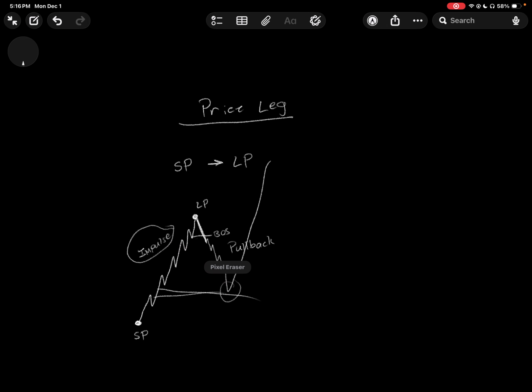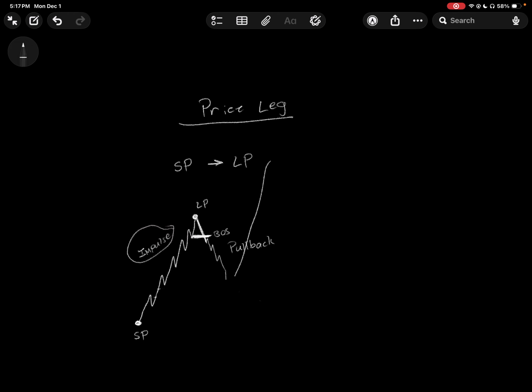The main reason I'm bringing this up is because I want to emphasize the break of structure aspect of this price leg. When we have this liquidity point, or really this action of a break of structure here, it's important because this defines the transition of the price leg. And there are two breaks of structure.